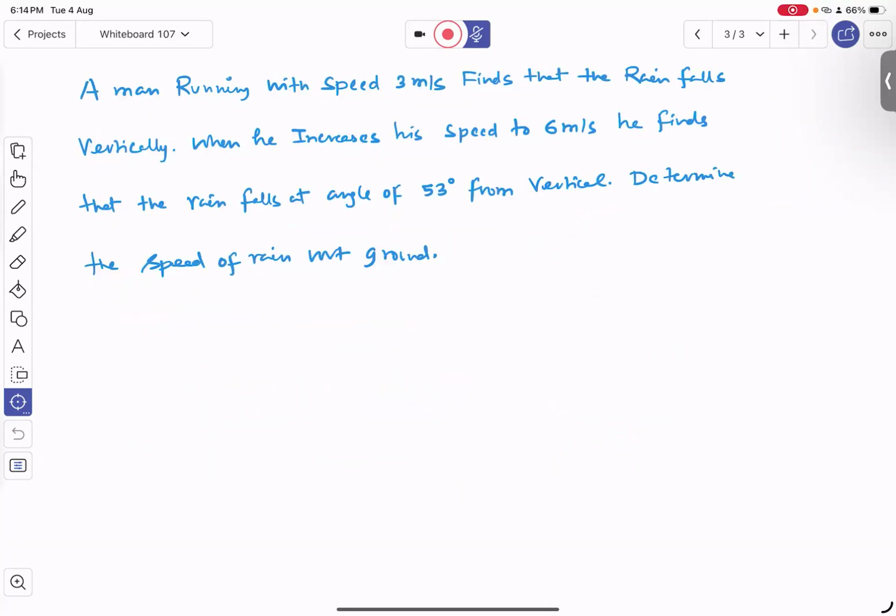That's why two stories are given. One time the rain falls vertically when he is running with 3. Next time when he runs with 6, the rain comes at an angle of 53 degrees from vertical. Do you want to try or should I solve it? Try for a minute, then maybe I will solve it.